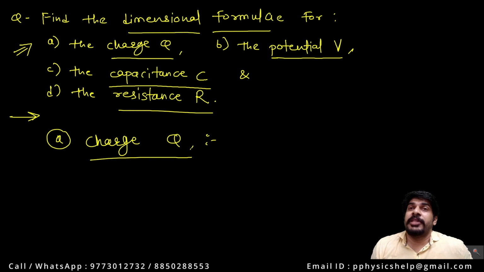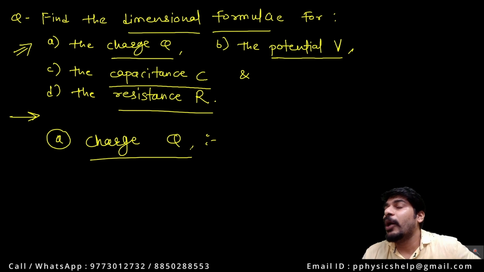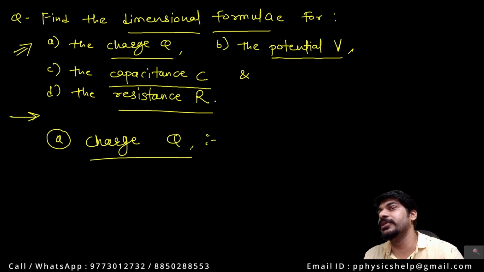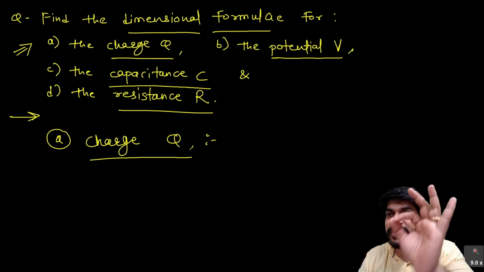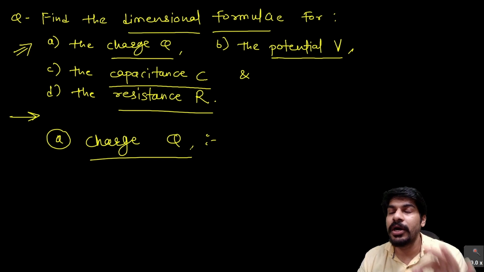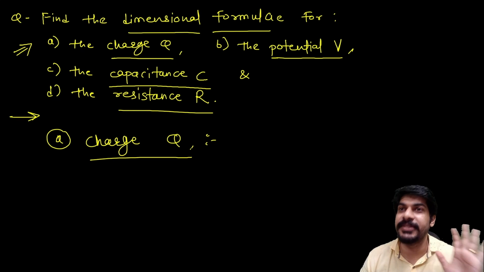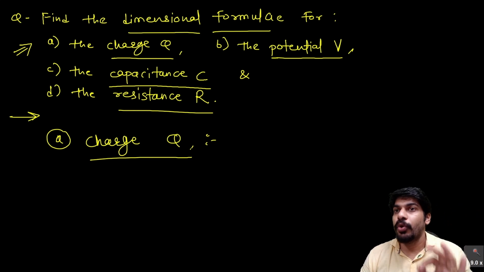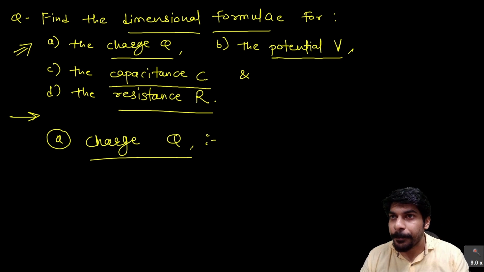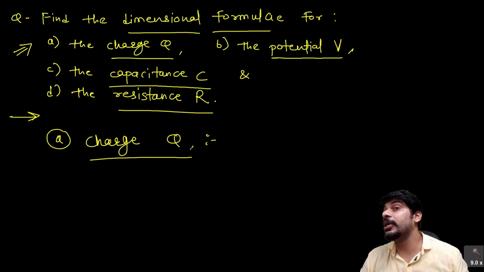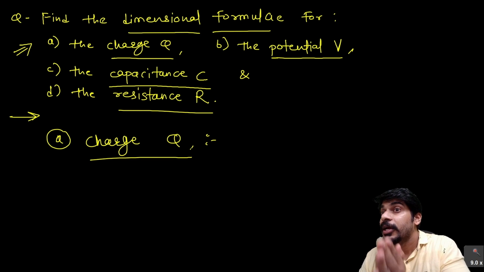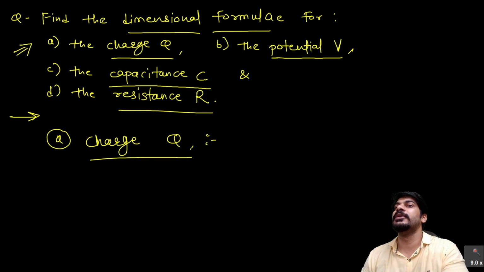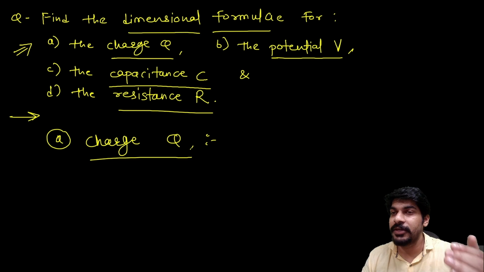Then the second thing is you have to represent that quantity in terms of the base quantities. There are actually 7 base quantities defined in the SI unit system. Over here also we will use the same approach. First we will write down the formula, then we will represent everything in terms of the base quantities, and then we will get the answer that we need.